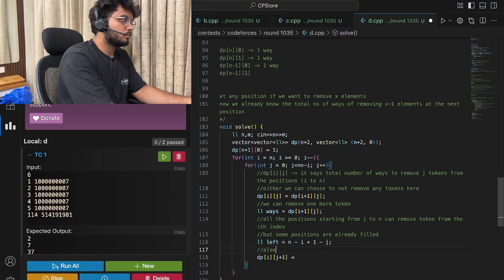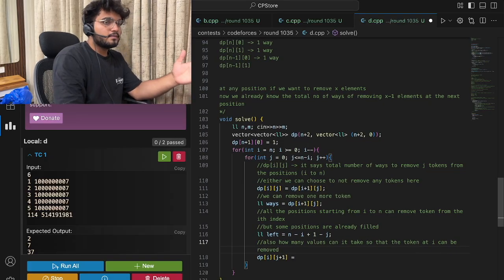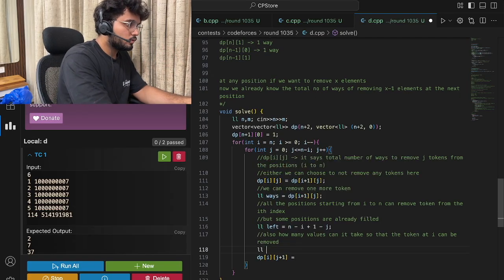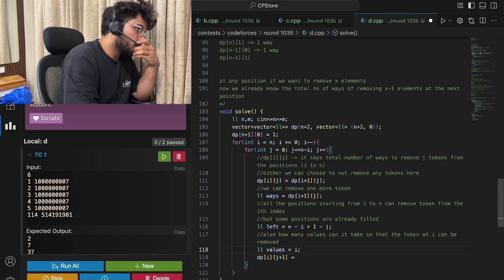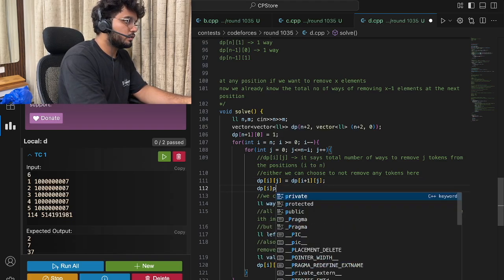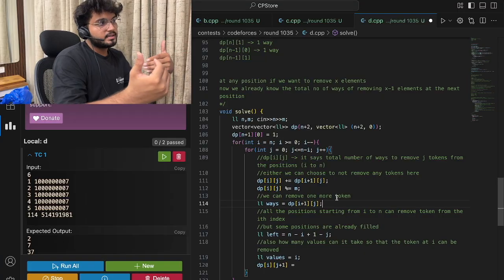Also, how many values can it take so that the token at i can be removed? See, any value from 1 to i can be taken to remove the ith token, right? So values will be equals to i. All right. We need to do mod at every position. dp i j mod equals to m, and also we need to do a plus equals to here because we want to add these numbers, right?